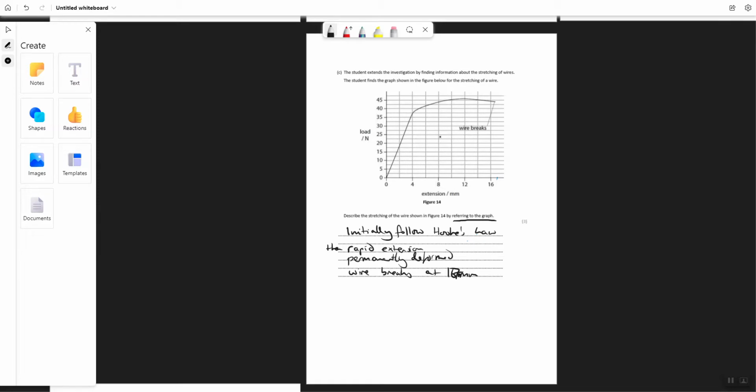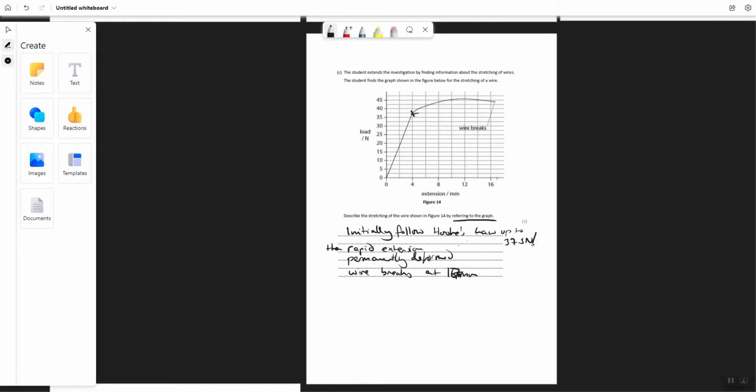The other thing to say is how can we refer to the data, and this is your key point here. It's up to 37.5. Okay, so if you say up to 37.5 newtons, that is essential. So either about the point at which it's breaking or the point of no return.